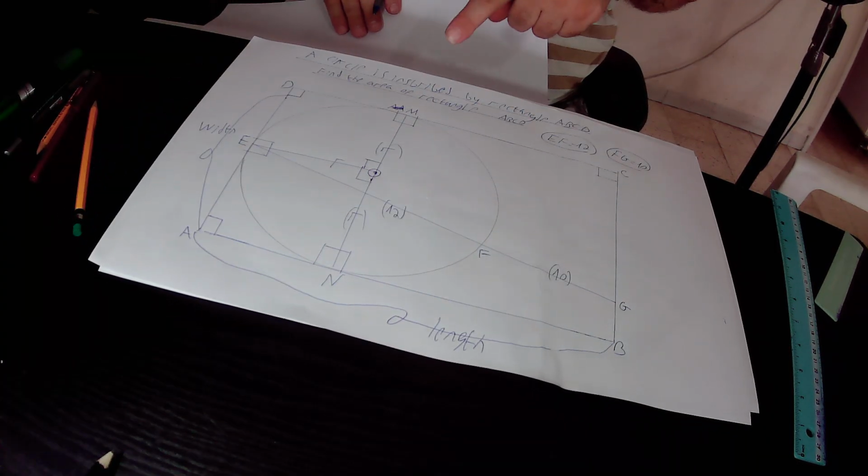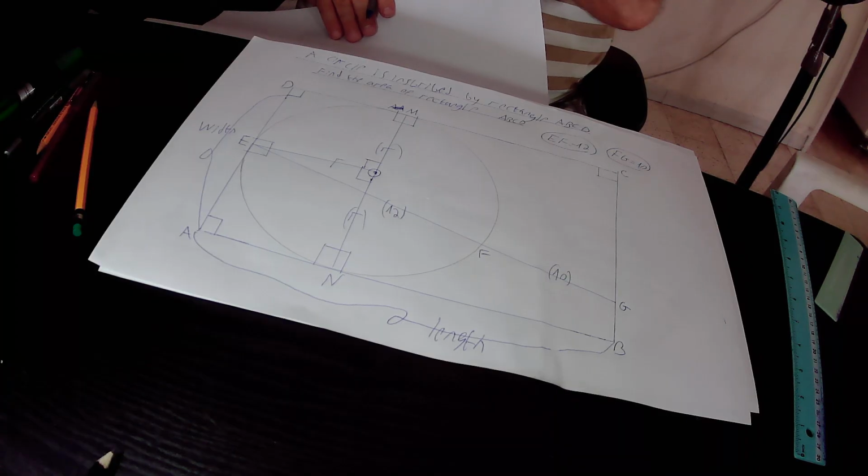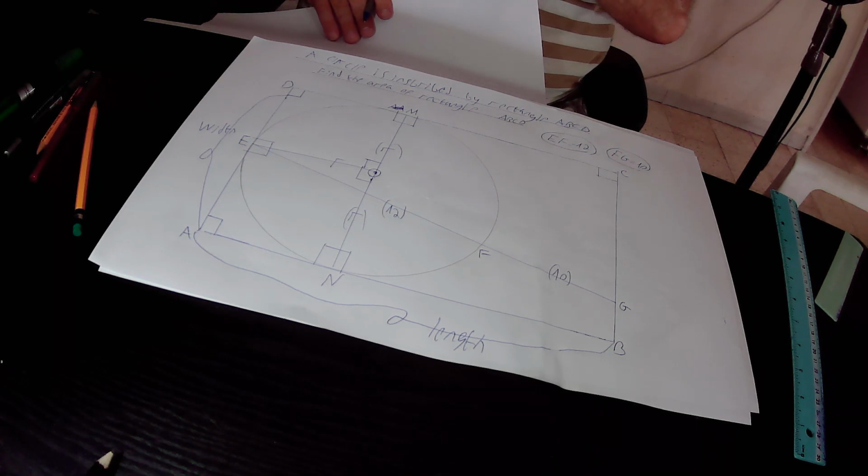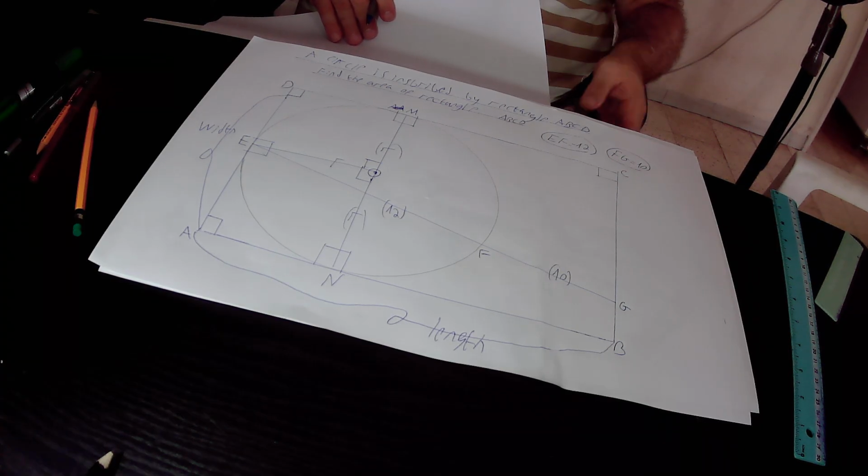But MN is a straight line that touches the circle at 2 points, point M and point N, and therefore MN is a chord that passes through point O, that is the center of this circle, and know that any chord that passes through the center of the circle must be the diameter of the circle.